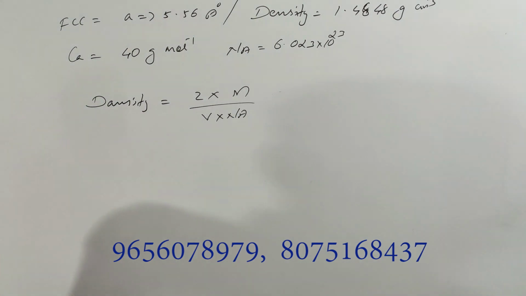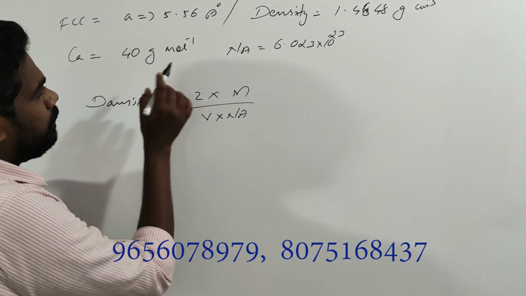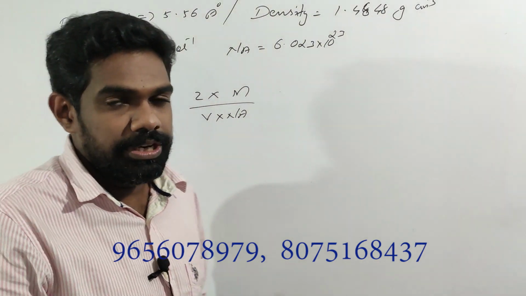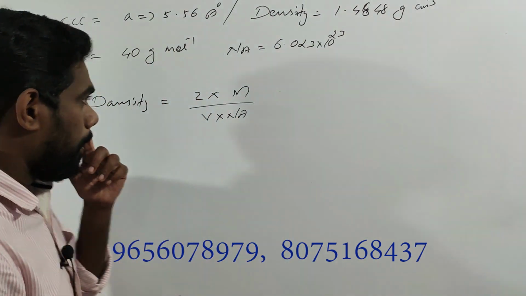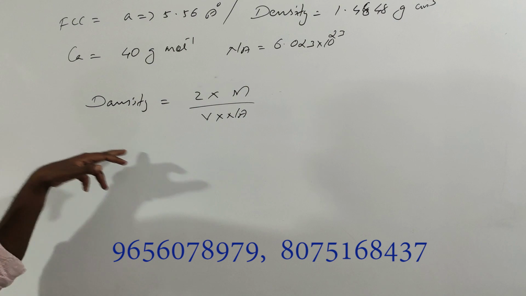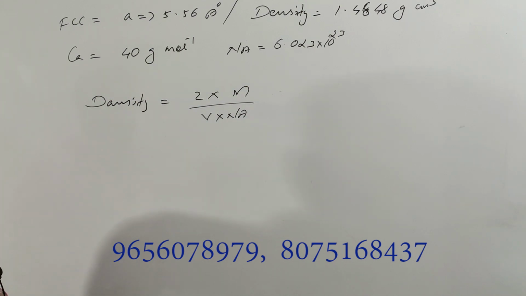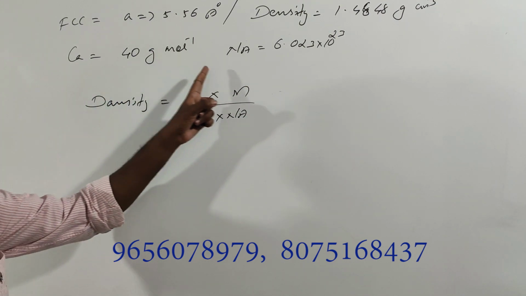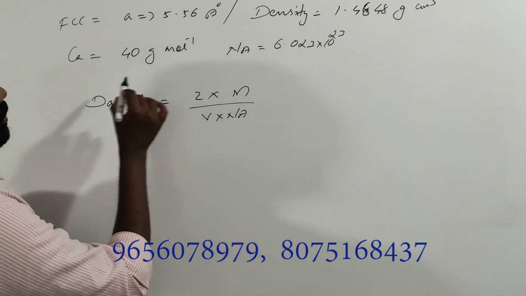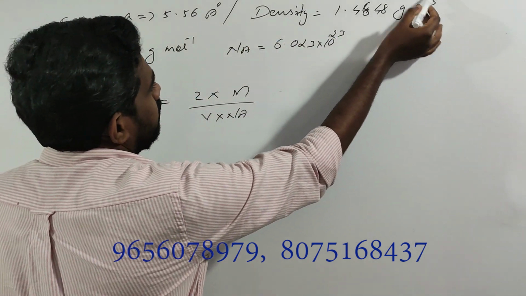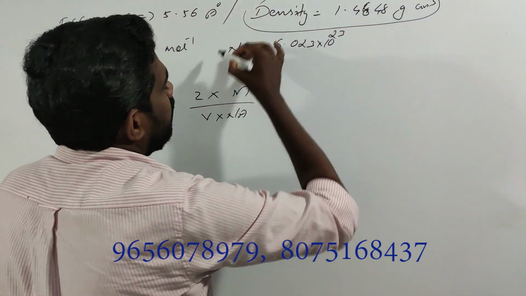From this we should find the percentage of Schottky defect. How can we find it? Just calculate the value of Z here. This density is after the Schottky defect.